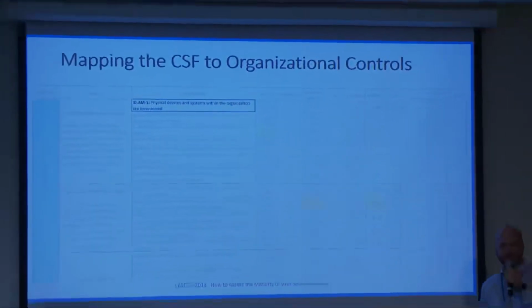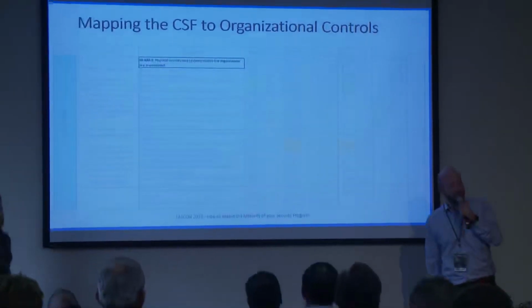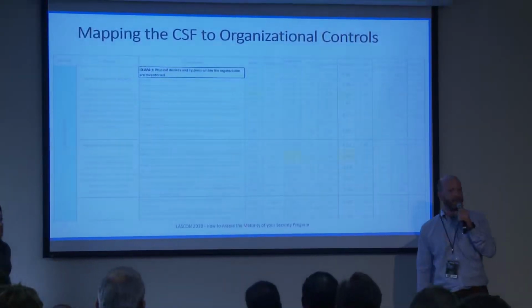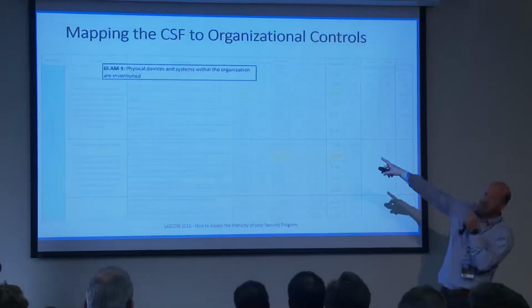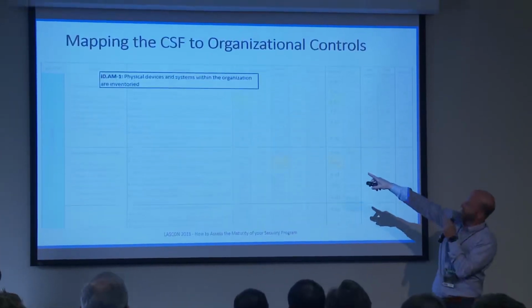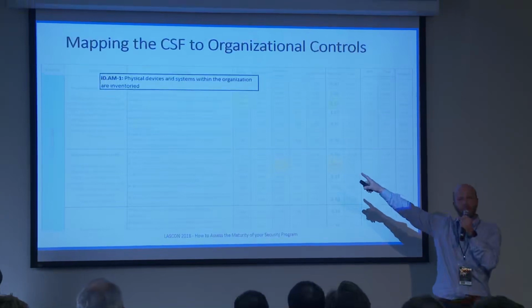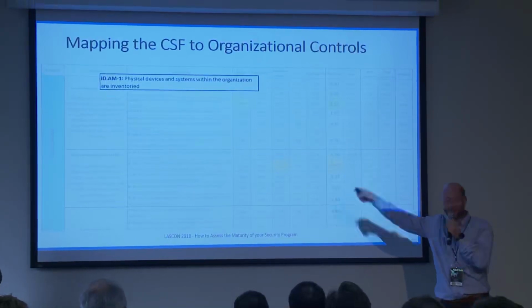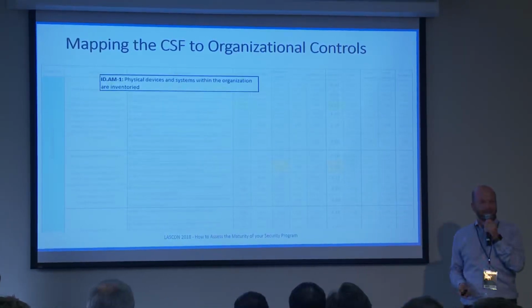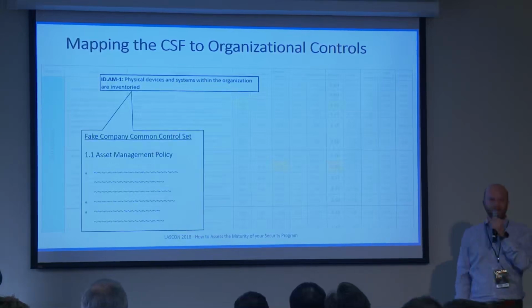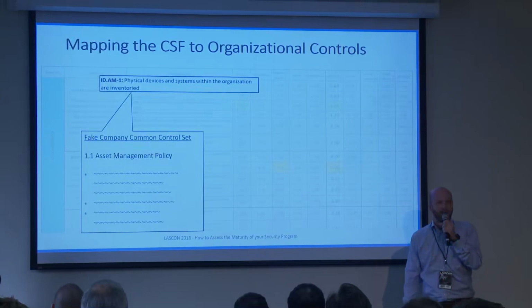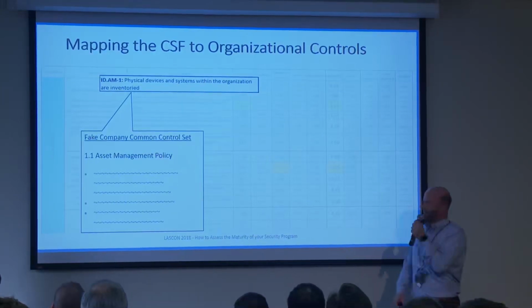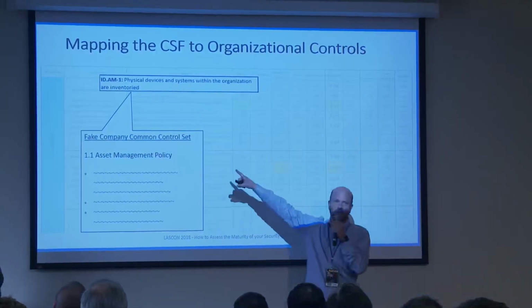But really, if you are living in a more complex environment in terms of compliance requirements, typically what happens is, just to take this as an example, the cybersecurity framework says, oh, you need to manage your physical assets. But then what that translates to is that somewhere in your company, you have a common control set, or whatever it may be called, a policy that defines how you actually need to do asset management.